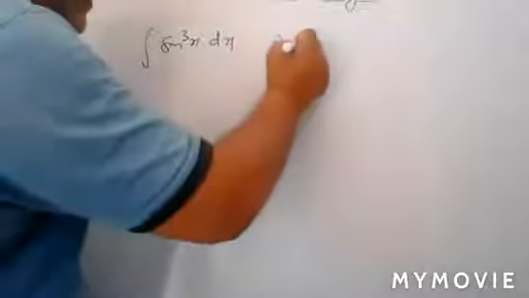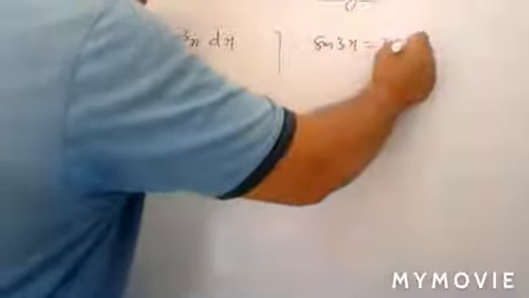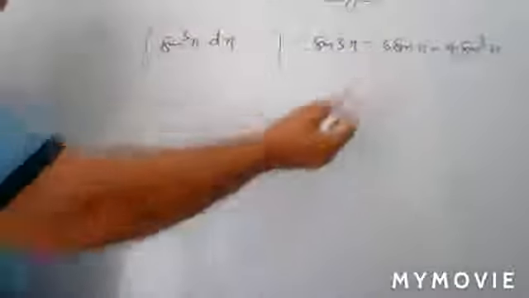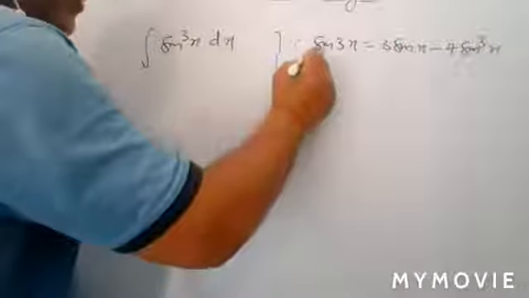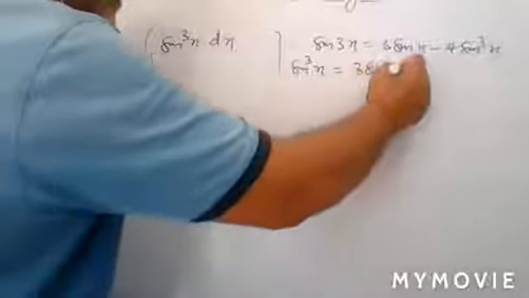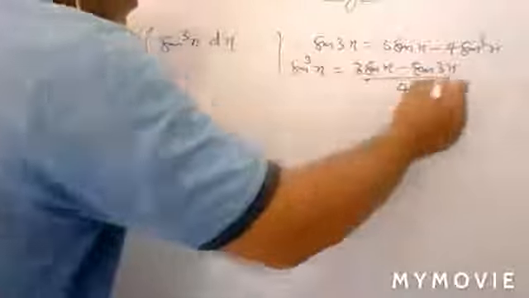You have the formula sin 3x is equal to 3 sin x minus 4 sin cube x. From this identity, you get the value of sin cube x. So sin cube x can be written as (3 sin x minus sin 3x) divided by 4.